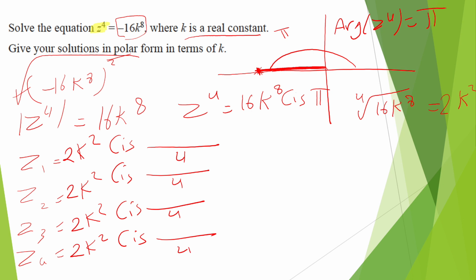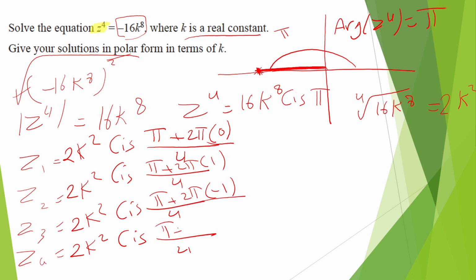And everything will be, the first is pi. Okay, so that's your original, plus 2 pi times the different k, and that's how you get the 4 solutions. So the different k, the first one is 0, and then I'll say pi plus 2 pi times 1, pi plus 2 pi times negative 1, and pi plus 2 pi times 2.